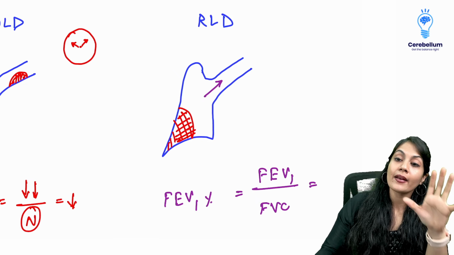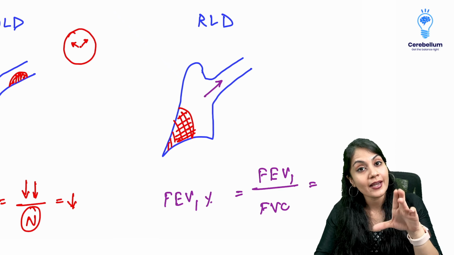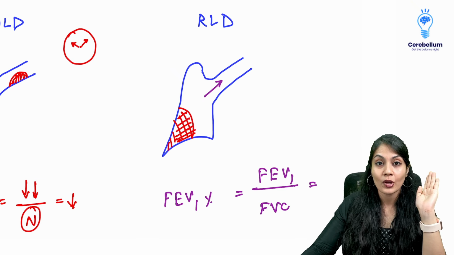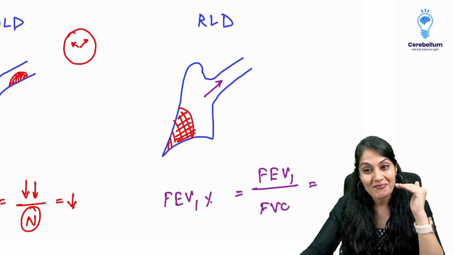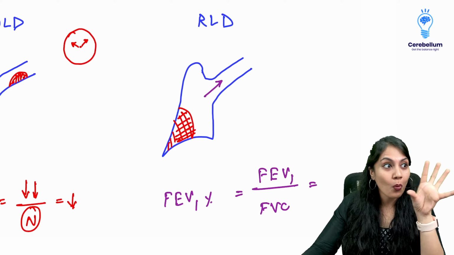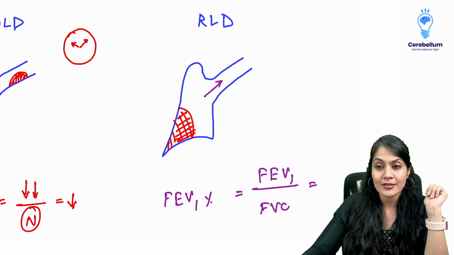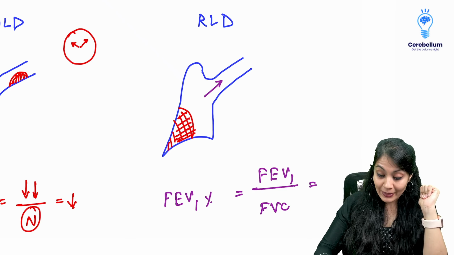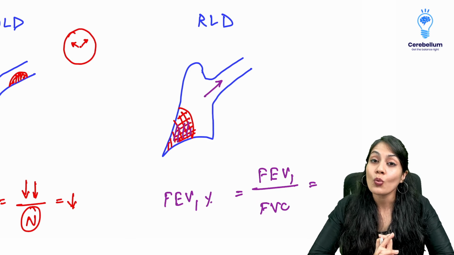Whatever amount of air usually comes out in a normal healthy person during the first second, that much air is going to come out during the first second. All right, absolutely no problem, right? But if I calculate all the air that came out during the 3 seconds, 4 seconds, whatever the person took for the complete expiration, remember, some area is fibrosed over here. Some area is fibrosed. So what will happen?